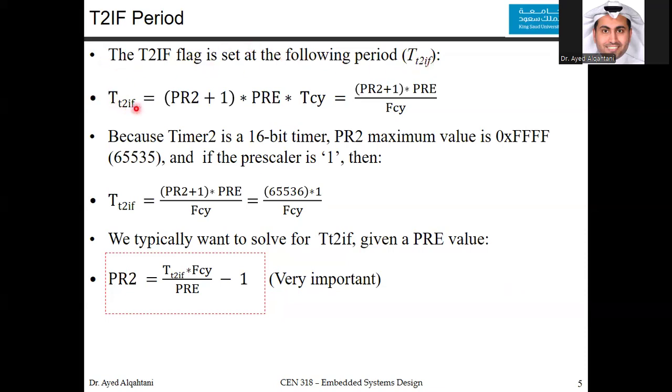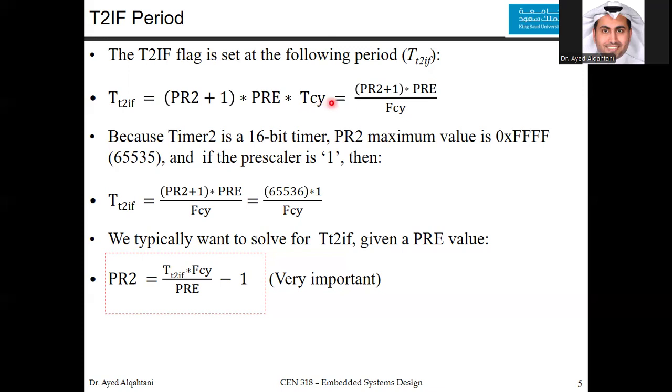So the Timer 2 interrupt flag time will be the period register, the ending point that you specified, plus 1 tick for overhead, multiplied by the prescaler, the one that prolonged this time, and you multiply it by a single period, which is the time for the instruction cycle.